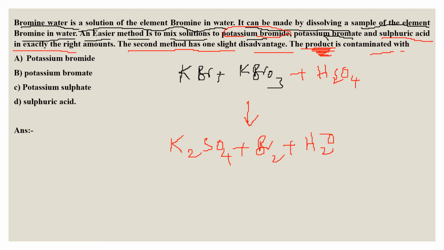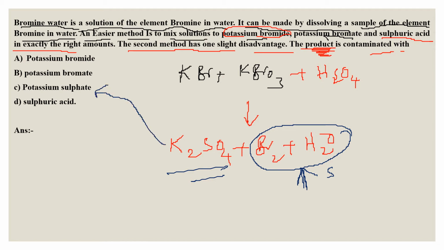The other substances are soluble, and only one substance is insoluble, that is potassium sulfate. So the contaminating substance is potassium sulfate. Very good. So the final answer is C.